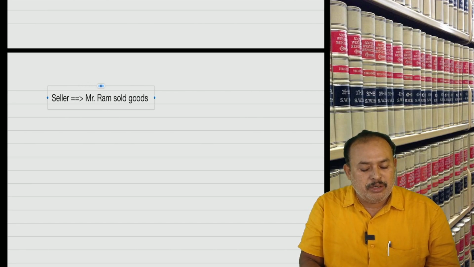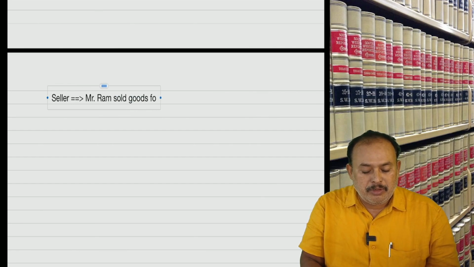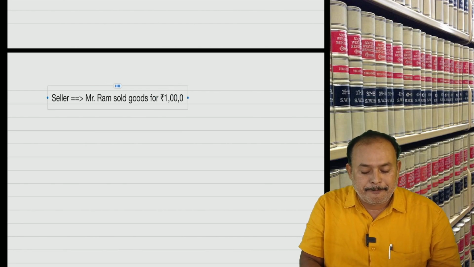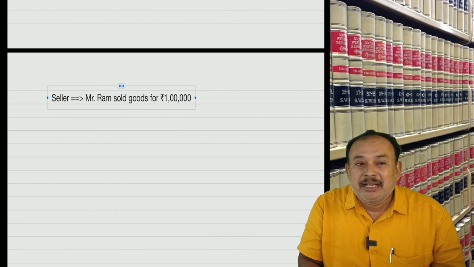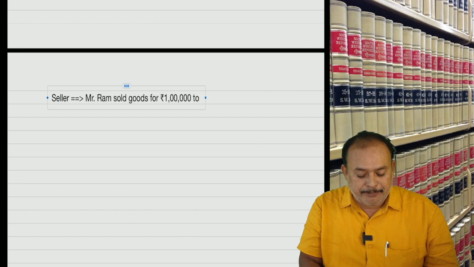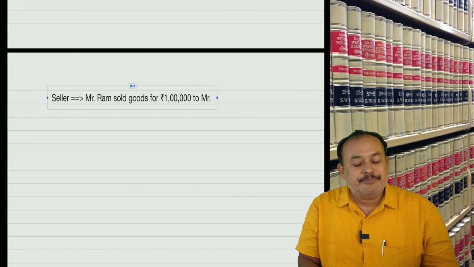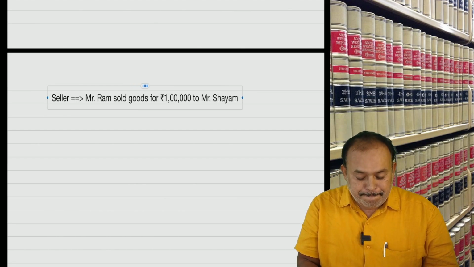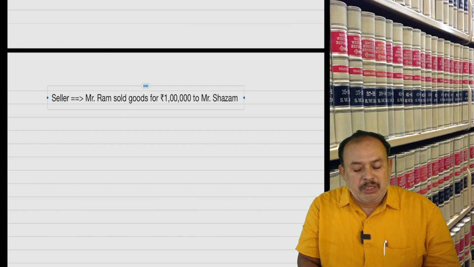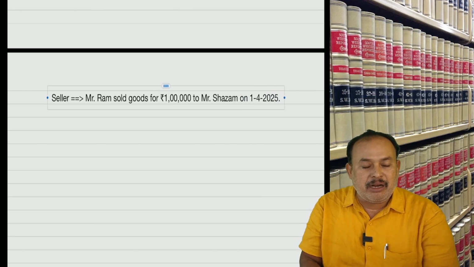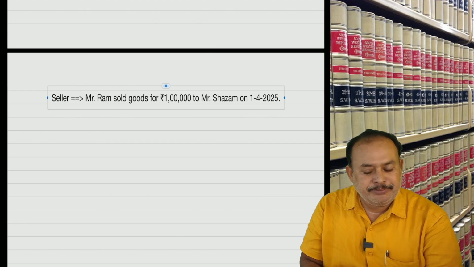Sold goods for rupees 1 lakh to whom here? Say, to Mr. Sham. On 1st April 2025. Is that clear?